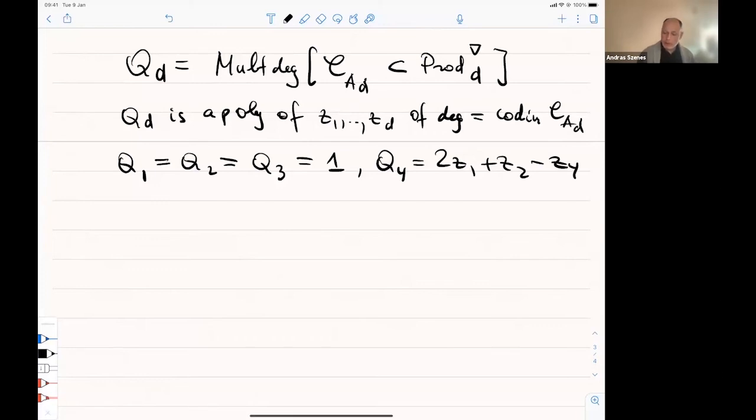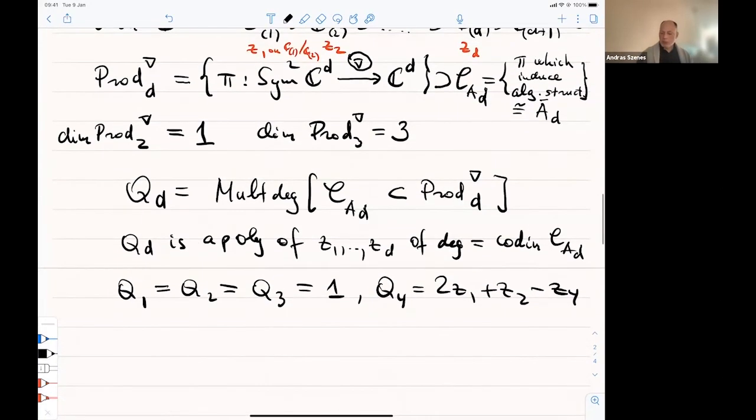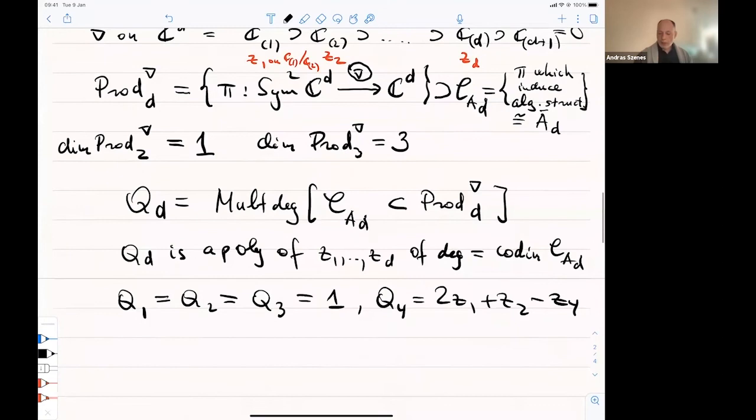And here I can maybe just explain a little bit of what this means very vaguely. The meaning of this multi-degree is to describe sort of how this variety lies in this vector space, in this affine space. It essentially describes the degrees, the multi-degrees of the relations of this variety CAD.